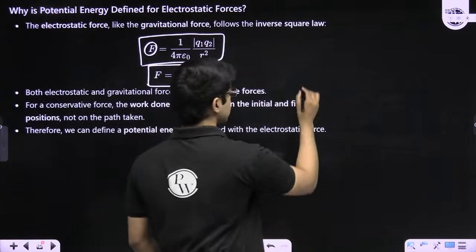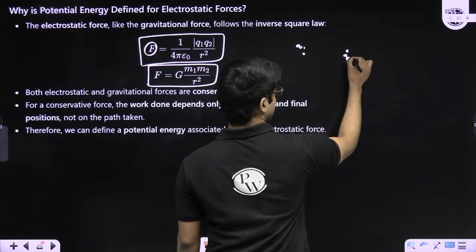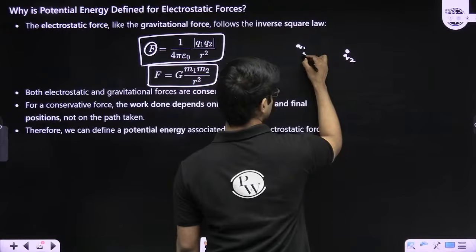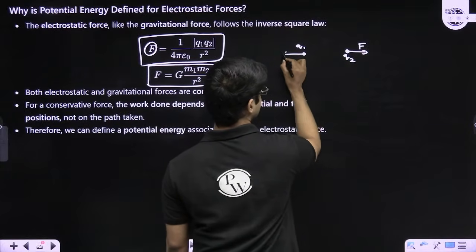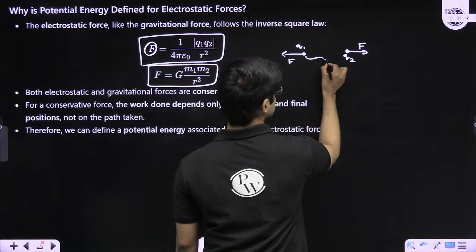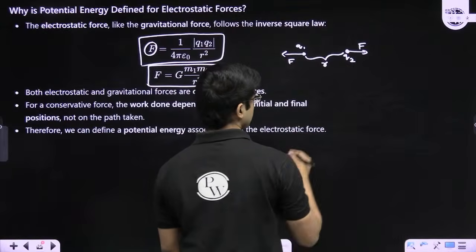So in the first case, if we take two charges q1, q2, if they are positive charges, let's say, then their repulsion force, this force F, depends on what this distance is, and it depends on 1 by r square.